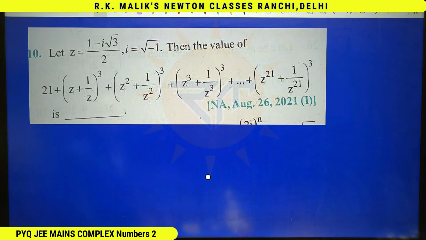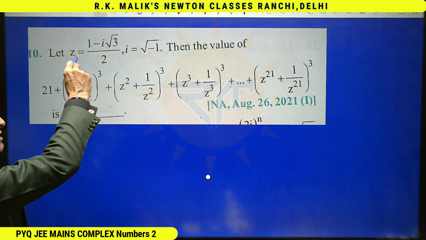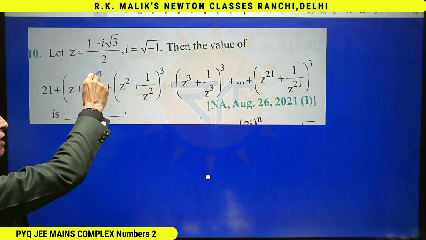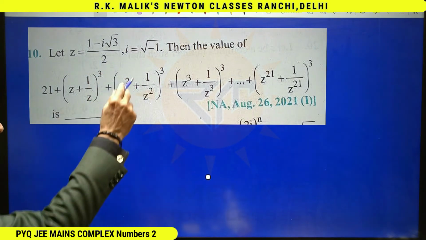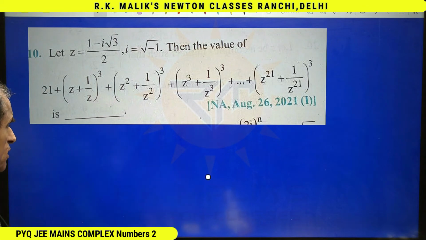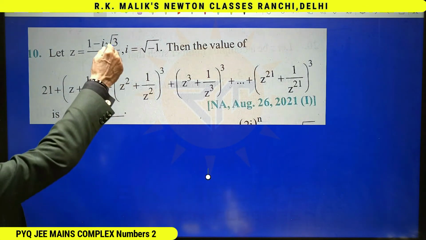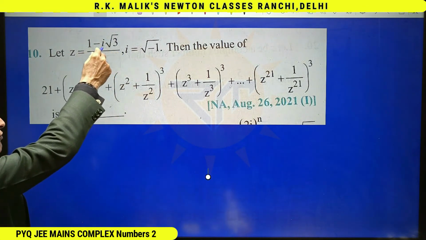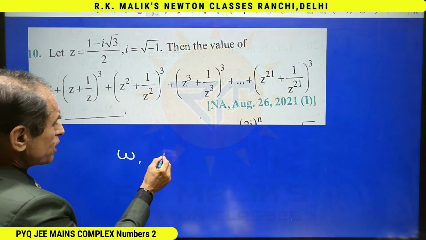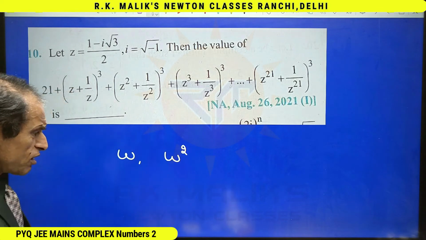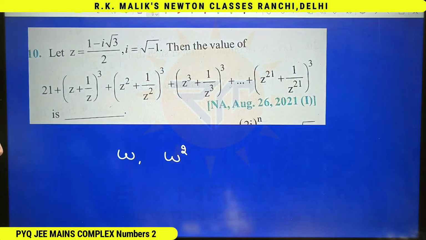In this question, he is saying that let z is equal to 1 minus i root 3/2, where i equals under root minus 1. Then the value of this expression is... Just by looking at the value of z, immediately the values of omega and omega square come to our mind.